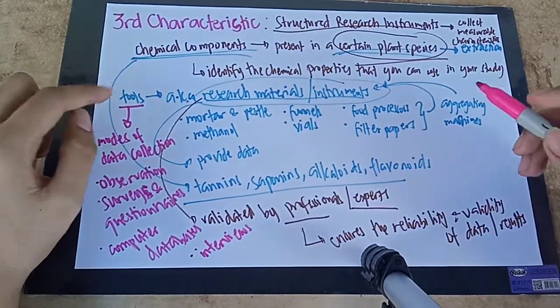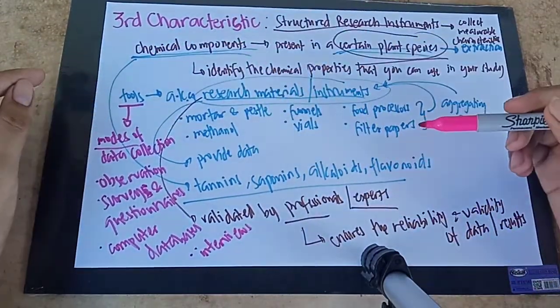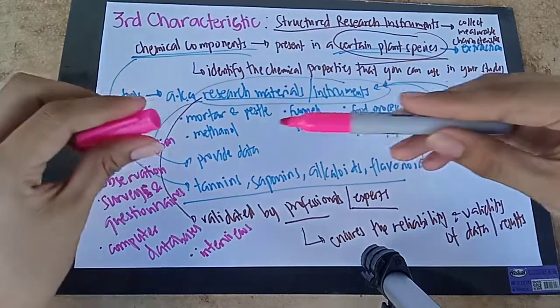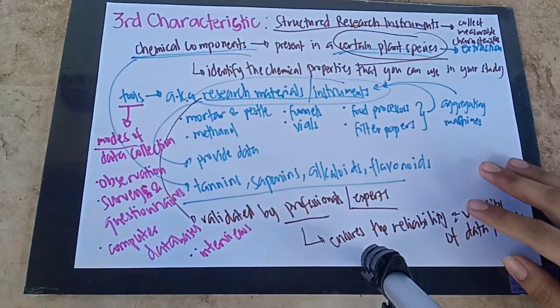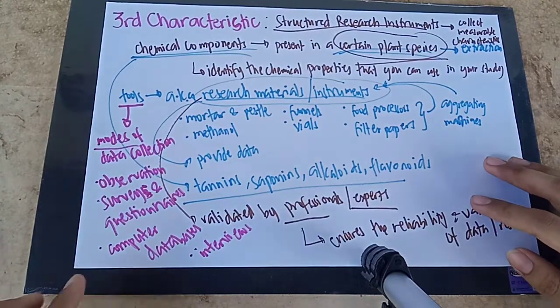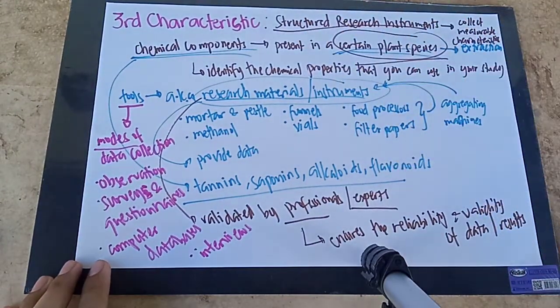These tools are the modes of data collection. That will be the main essence of the third characteristic of quantitative research: quantitative research uses structured research instruments.